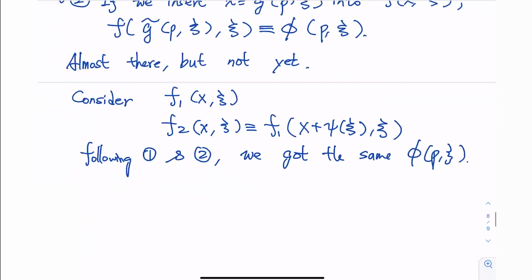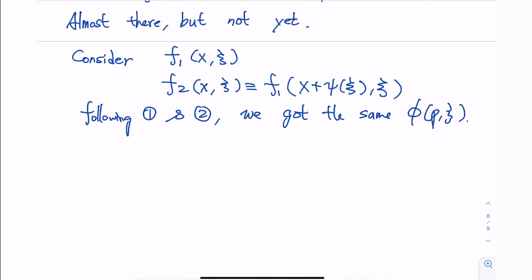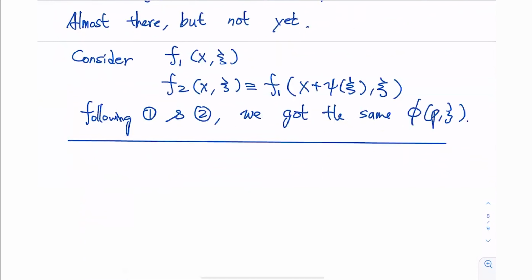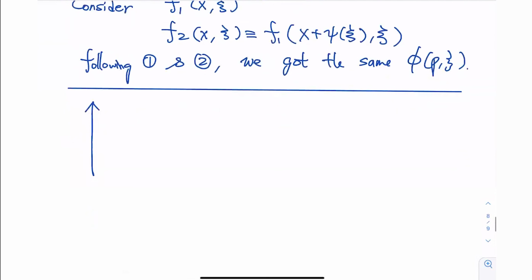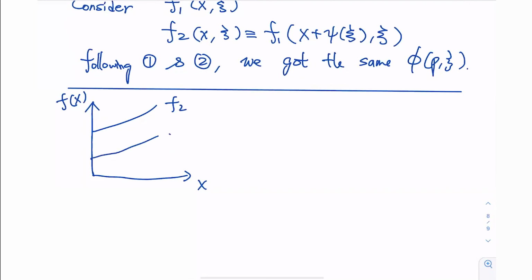And the intuition for why it happens is that suppose we start from two functions. One is called f2, this is f of x, and the coordinate is x. And the other is f1. The f2 and f1 are related by a homogeneous shift.